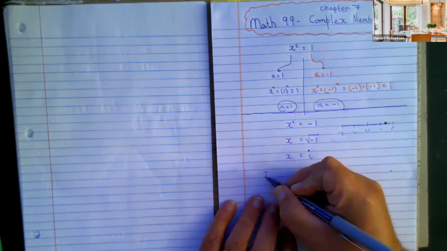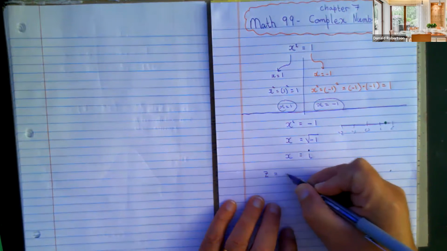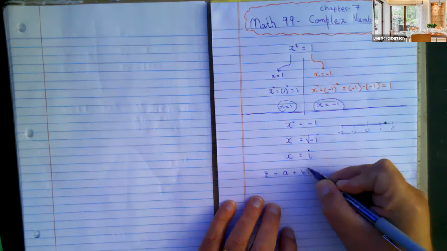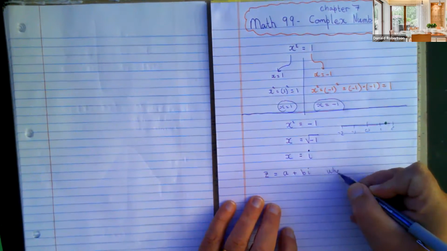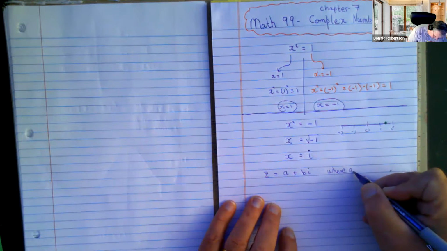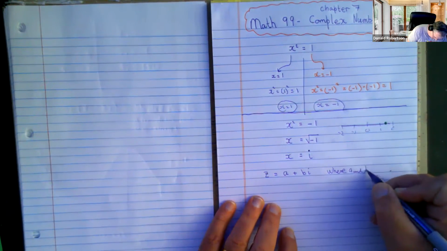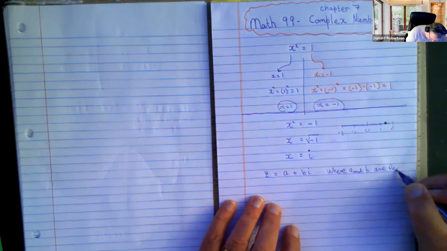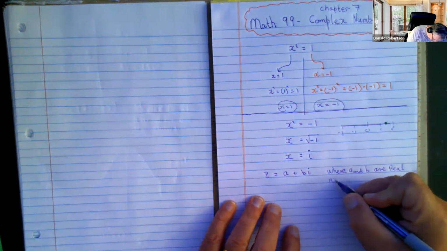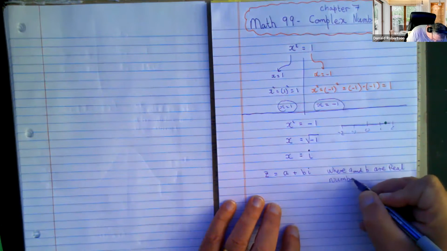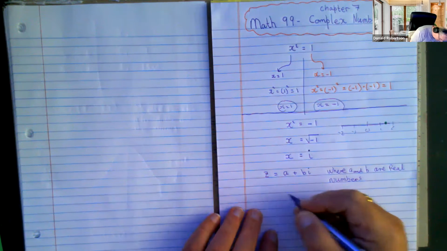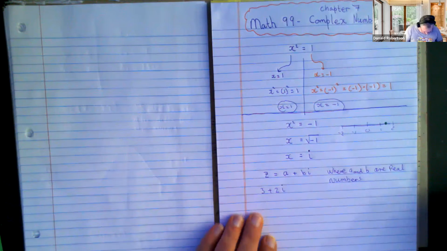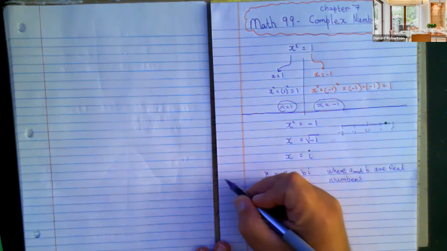A normal complex number, let's call it z, is going to be made up of two pieces, a plus bi, where a and b are real numbers. So, for example, 3 plus 2i is an example of a complex number.